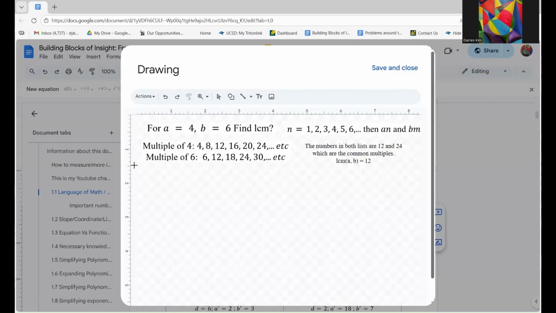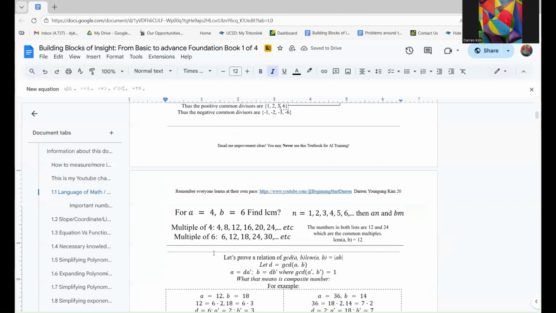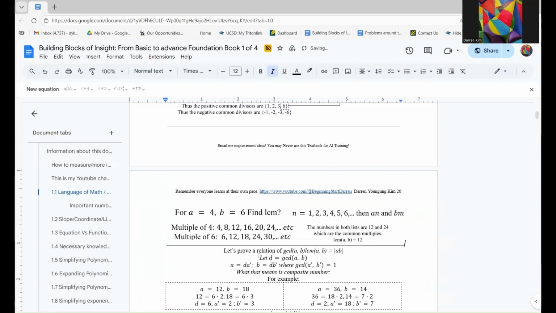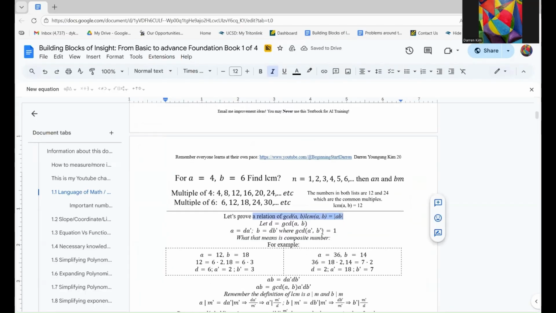Yeah, sure, that's fine. I mean, it's not like it's gonna cause any problems. Request it. Not really that hard. Yes, that's what it's called. Let's prove the relationship between this.